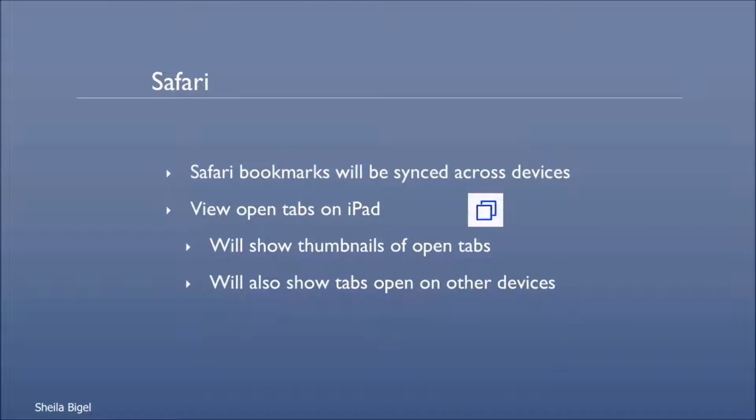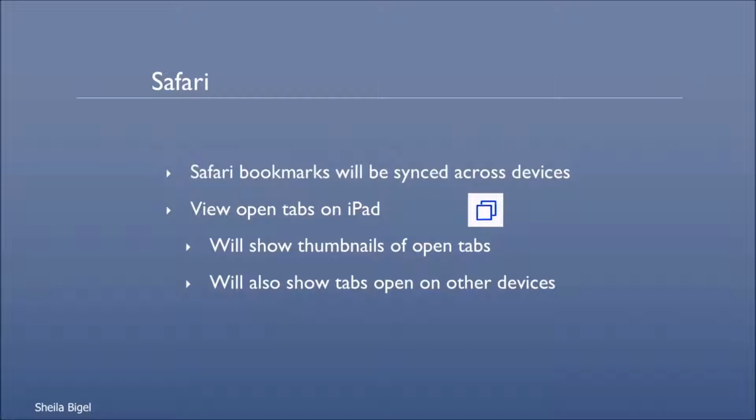Now, another thing that gets synchronized is your bookmarks of your Safari app. So if you set up bookmarks on one device, they will be synchronized to another. Now, in the Safari app on the iPad, there's a little icon that you can see on the screen that looks like two squares into one another.